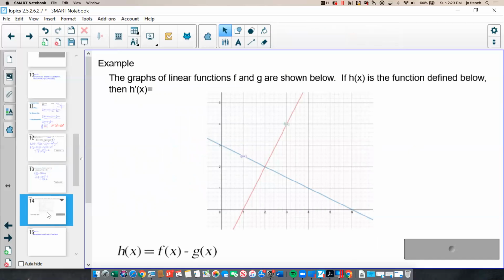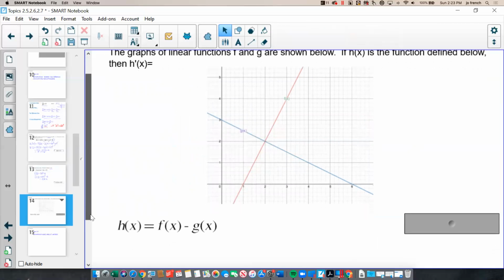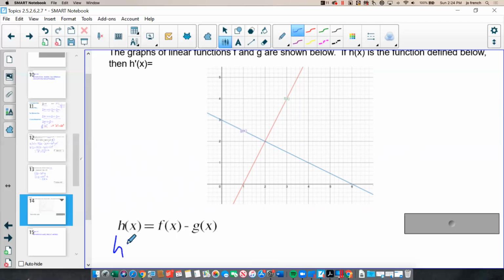Here I have graphs of f and g. And h of x is the function f of x minus g of x. So to find h prime of x, using our rules, since h of x is defined as the difference of f and g, the derivative will be the difference of the derivatives of f and g.